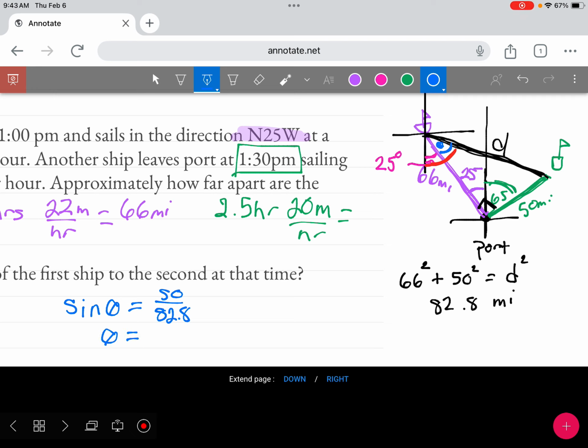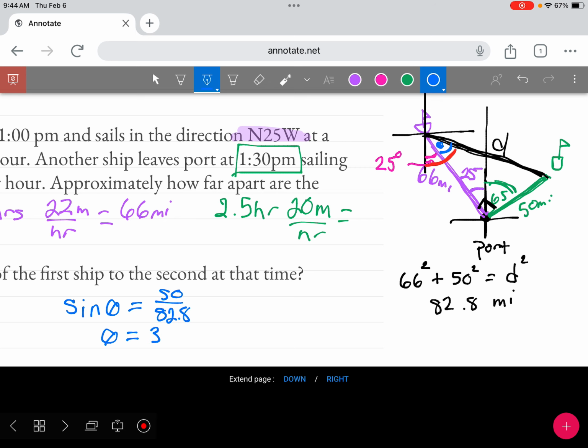What is that blue angle? I got a syntax error. Wait, I'm doing it wrong. 37.1. Yep, there we go.